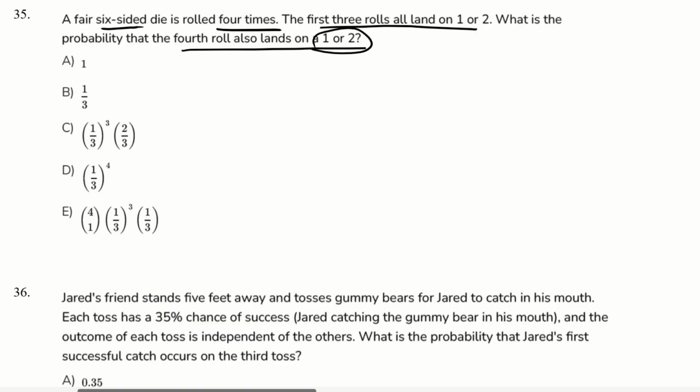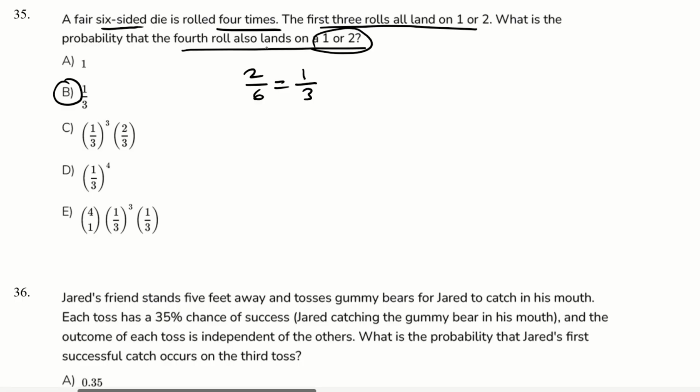There's 6 numbers on the die, so it's just going to be 2 out of 6, which is 1/3. It's really as simple as that. Don't overcomplicate it and try to do some crazy geometric formula stuff. Just understand the question. The rolls are independent, so it doesn't matter what the first 3 rolls do. The fourth roll has its own independent probability, and it's 2 out of 6 or 1/3.